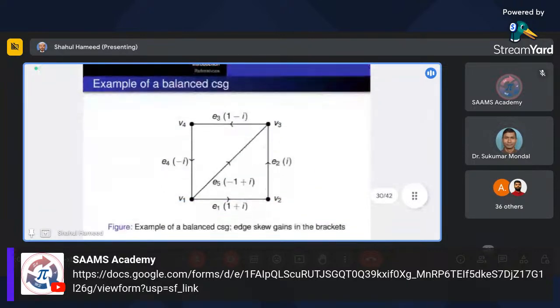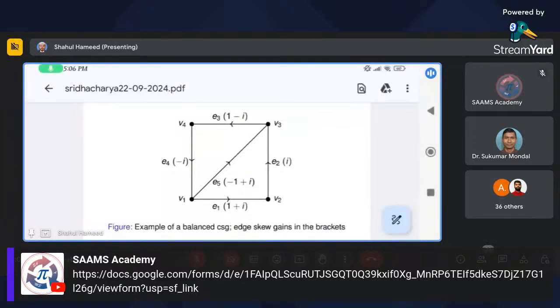Example of a balanced conjugate skew gain graph. There are many cycles. Let me take the outer cycle, that is V1, V2, V3, V4. If you multiply, you can see that it will lead to a real number. If you take the triangle V1, V2, V3, but be careful, the edge E1 is from V1 to V2, oriented with the gain 1 plus i.